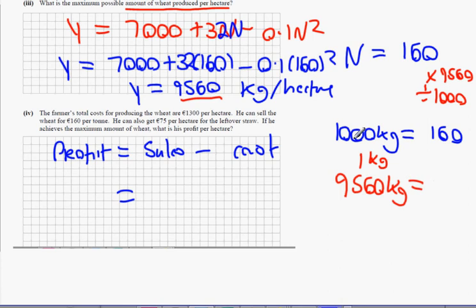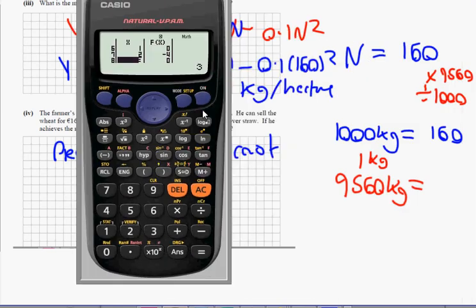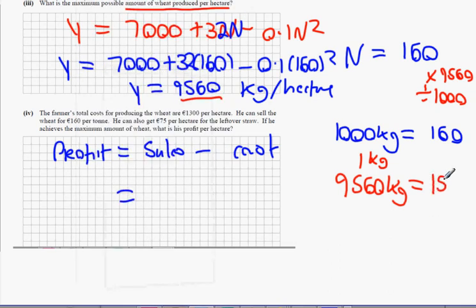So you're going to get 160, divide it by 1,000, then multiply by 9,560, and what you get is 1,529.60. That's our sales. Now it also says that we can make money from selling the leftover straw. So we can add on €75 to that.